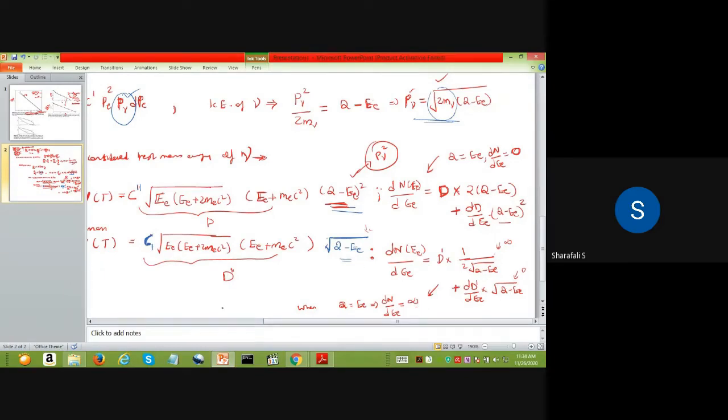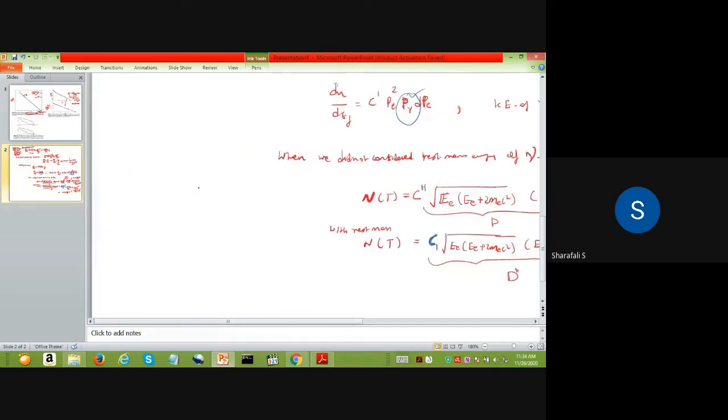So what does that mean? If you take dn by dE in your curve, that is n versus E, dn by dE is nothing but the slope of that curve. At the end, where it is touching E, when q equals E, if you zoom into that particular portion, that is the E axis here.